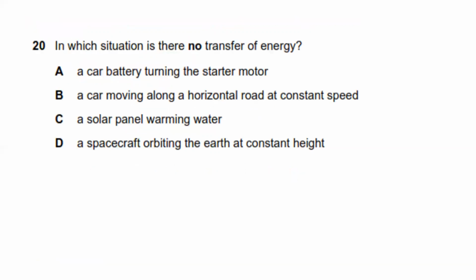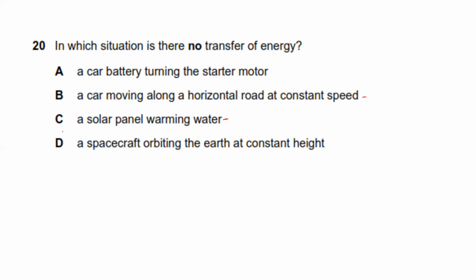Next question. Question 20. In which situation there is no transfer of energy? The car battery turning the starter motor, the car moving along horizontal road at constant speed, solar panel warming the heater, spacecraft orbiting Earth at constant height.